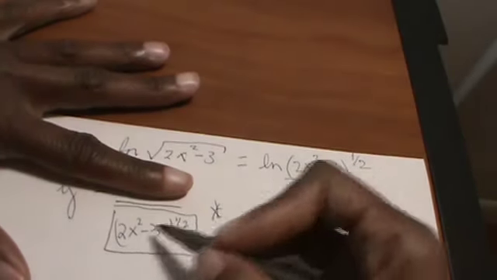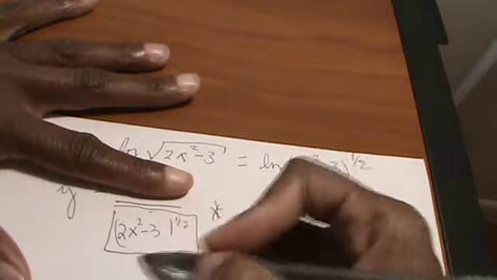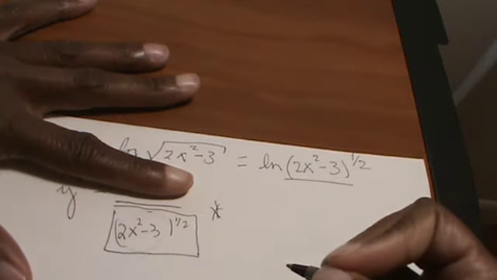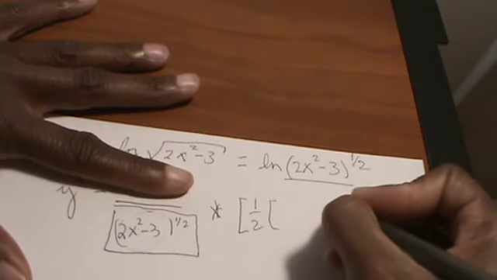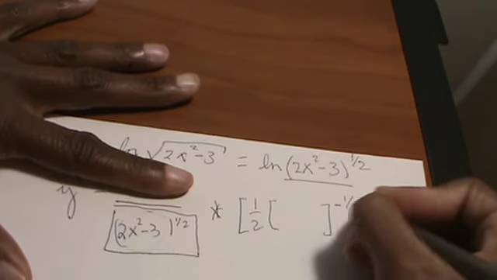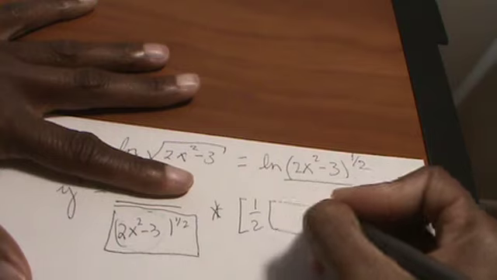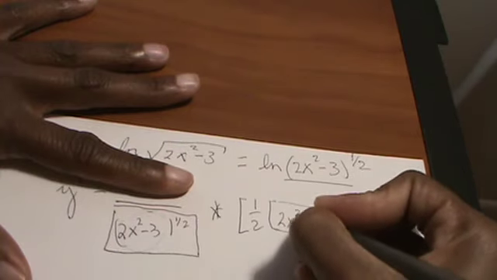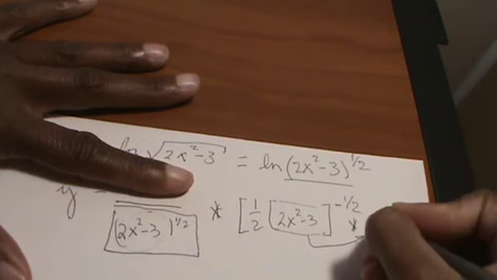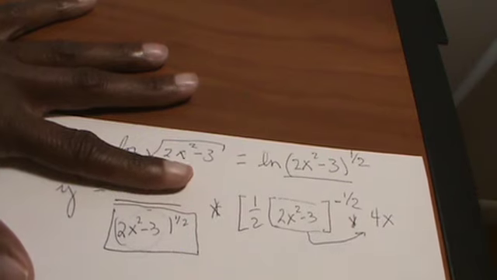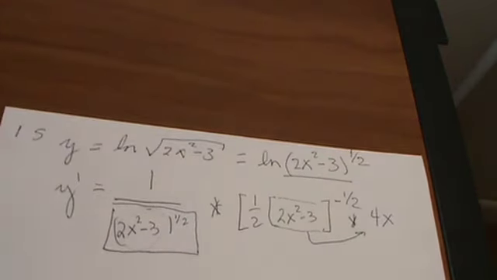In the box, I have a power rule because it says take the square root of 2x squared minus 3. So here we go, 1/2. Raise this to the negative 1/2 power. This is your brick right here. 2x squared minus 3, and now disintegrate that brick. 4x. All right, I'll allow you guys to simplify that further.